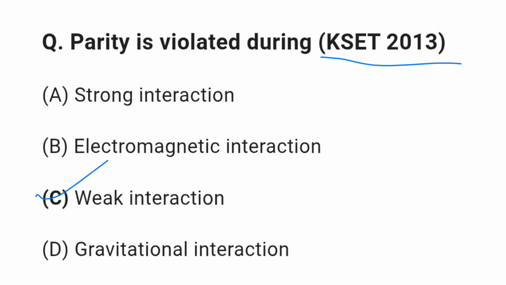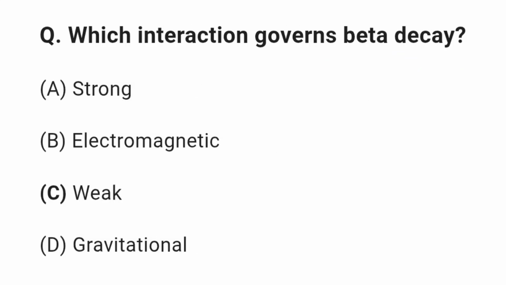So parity means mirror symmetry. Simple question: does nature look the same in a mirror? So if yes, parity is conserved. If no, parity is violated. So move on to the next question.